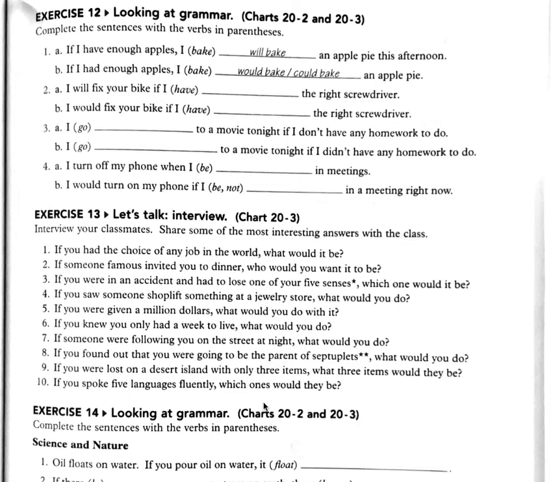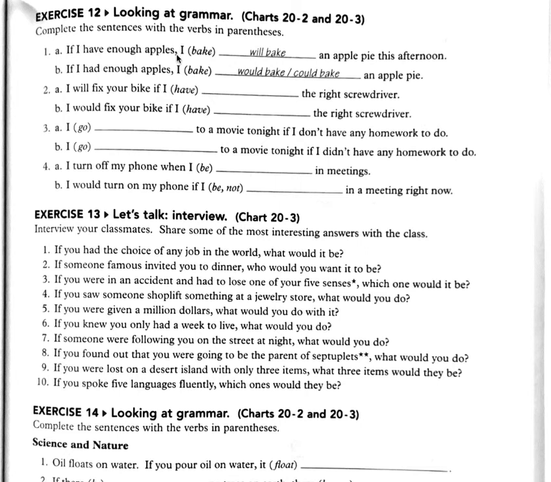So this is using either real in the present future or unreal in the present future from charts 20-2 or 20-3. Or if you go to page 427, the first two parts of the chart, real in the present and unreal in the present future, that's all you need to do, is look at one chart to complete this exercise.